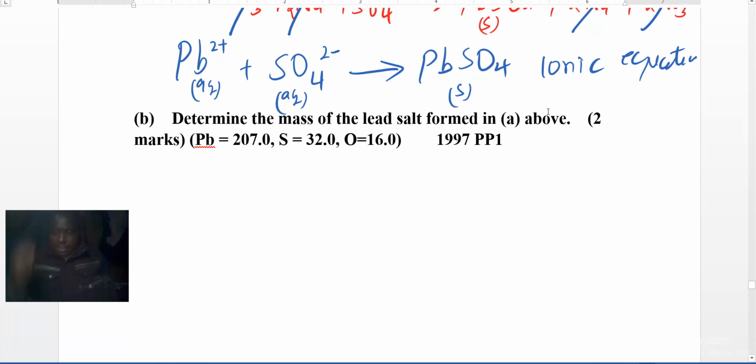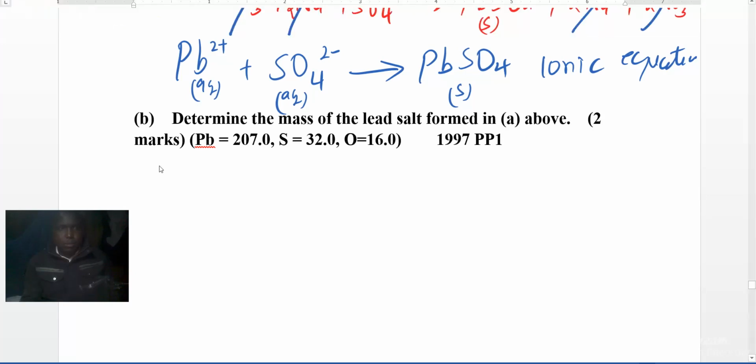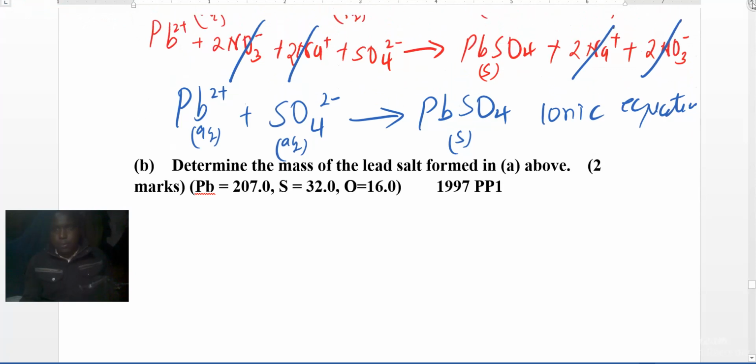So let us get the mass of lead that was used, and we need to get the information from the question.